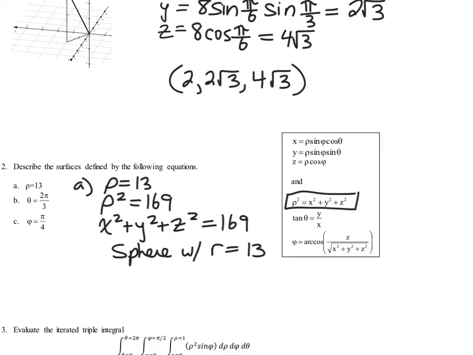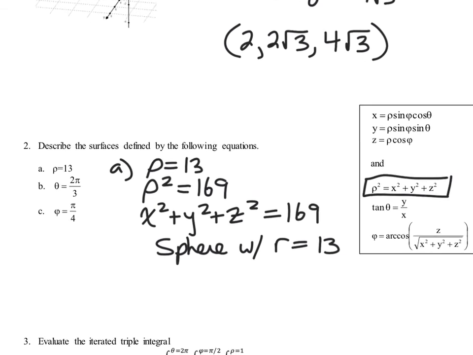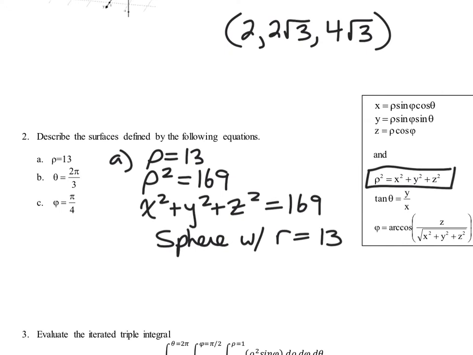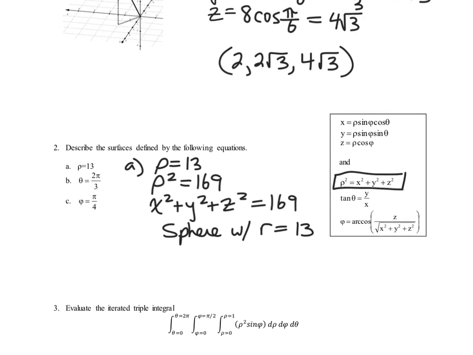Okay, so then we have theta is equal to 2 pi over 3. That's a little bit of a different story, because it doesn't really seem like we have much to go on here. But like I was saying before, sometimes it's helpful to stop off somewhere.